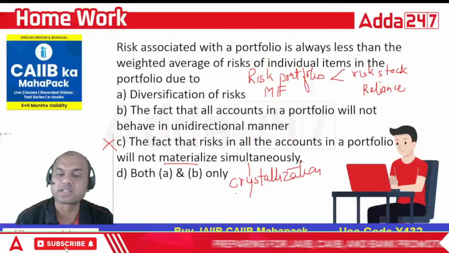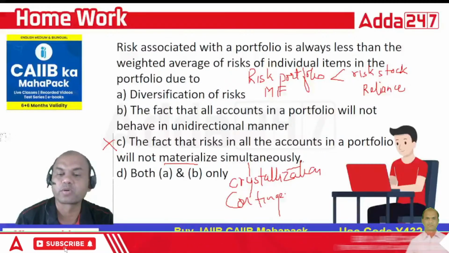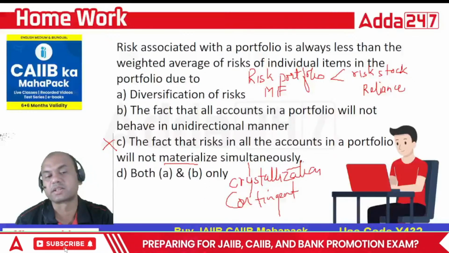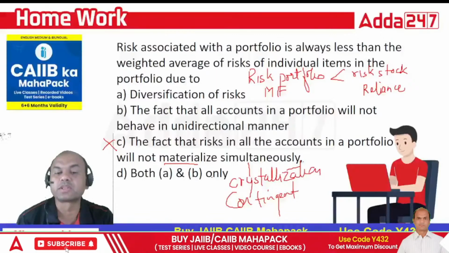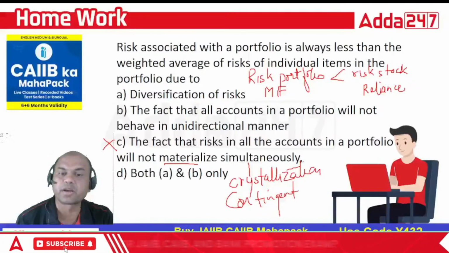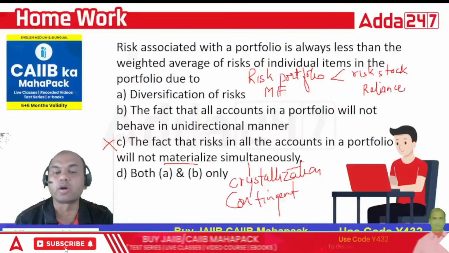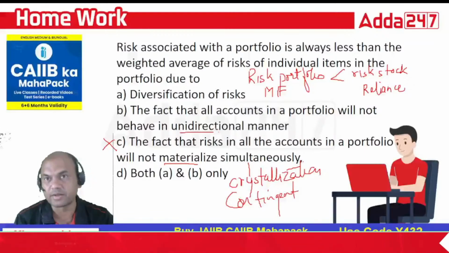This has nothing to do with portfolio risk. So C is out. Only A and B remain, so both A and B is the answer, because diversification of risk is the important part, and the fact that all accounts in the portfolio will not behave in a unidirectional manner. That's what I told you about beta value, right?